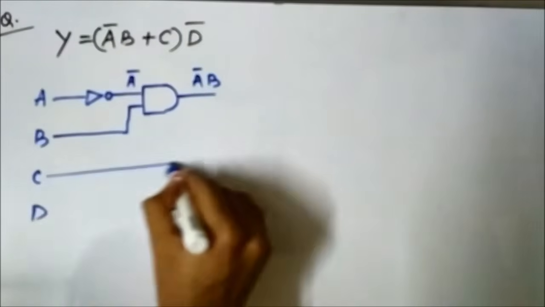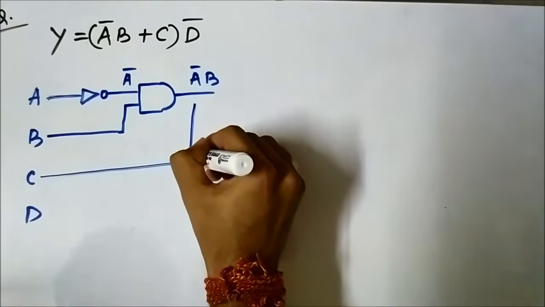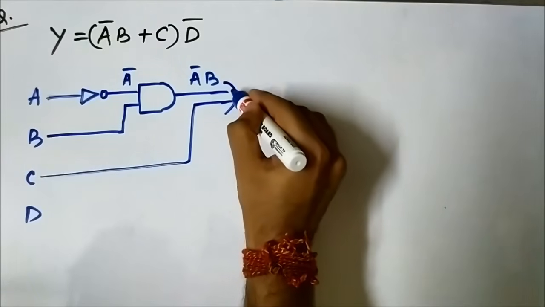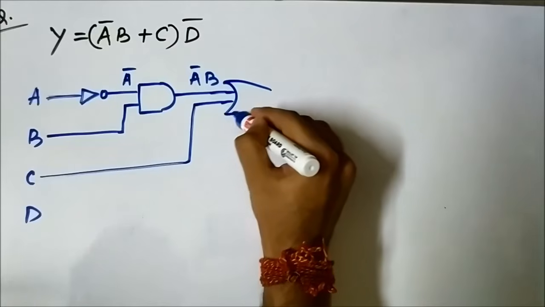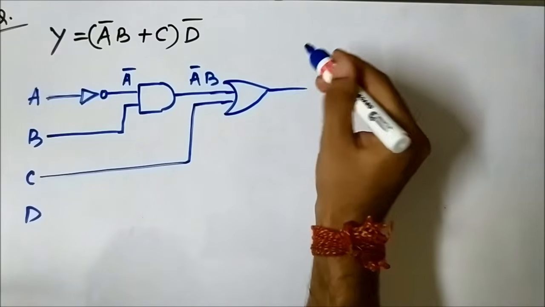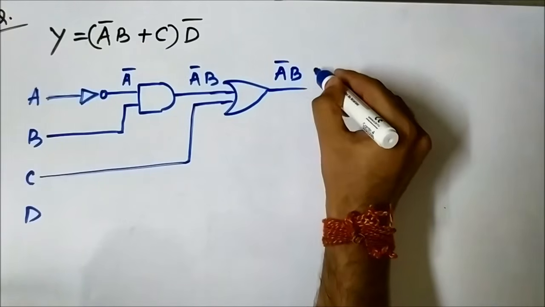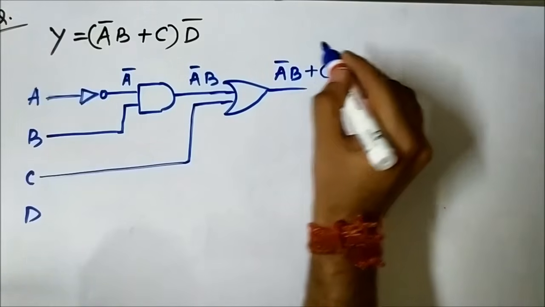So A bar B or C means these two signals have to be passed through an OR gate. A bar B or C.